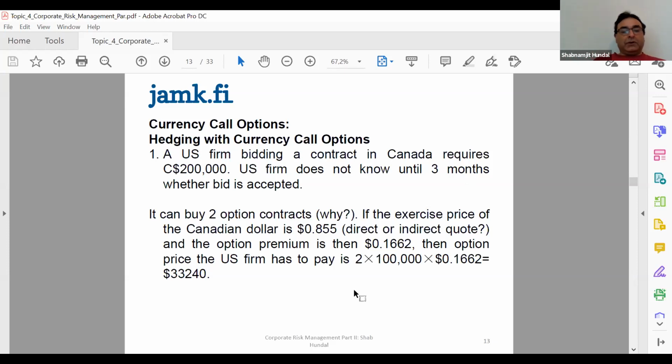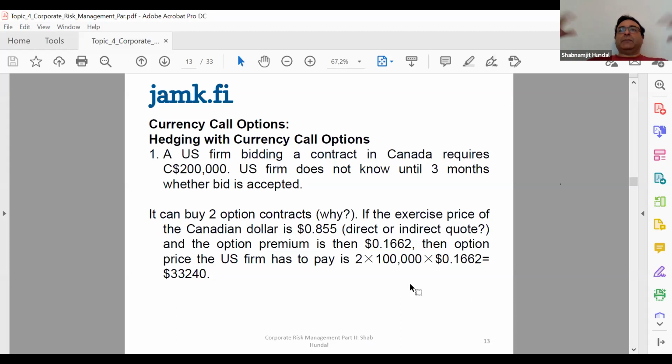So the company you are bidding for is in Canada. And you make your interest known, with a Memorandum of Intention, MOI. So you send your intention that, hey, we want to buy you. And you know for sure that if your bid is successful, you would be needing 200,000.